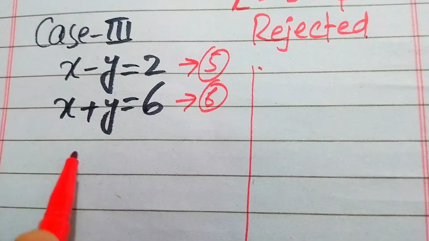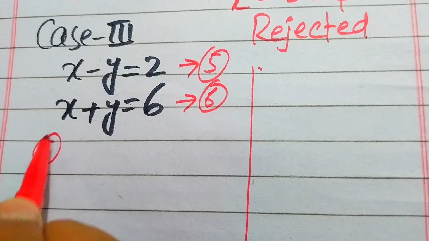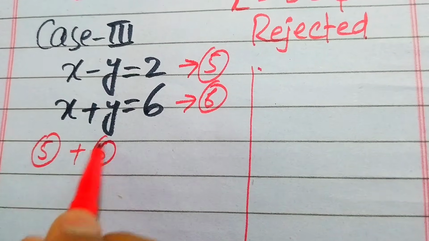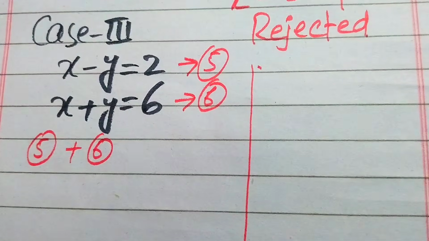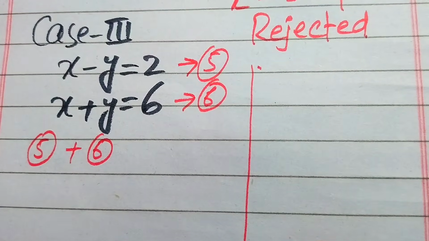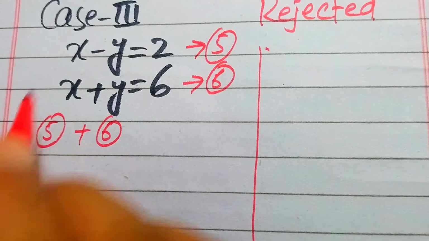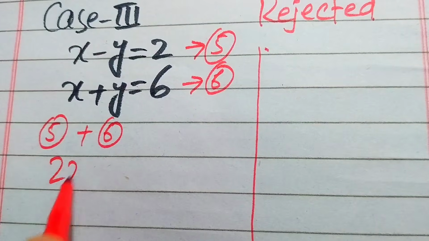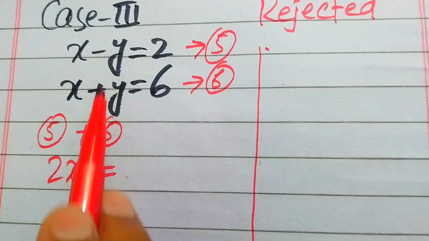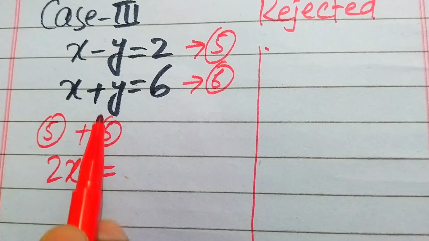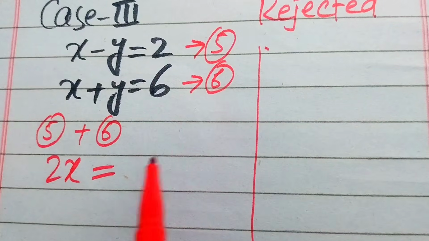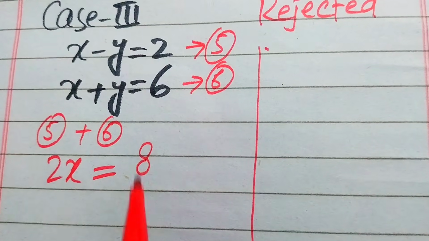And now we add equation number 5 and equation number 6. When we add these two equations, we get x plus x becomes 2x equals, negative y and positive y cancel out each other, and we get 2 plus 6 becomes 8.